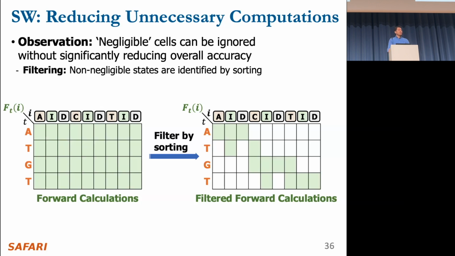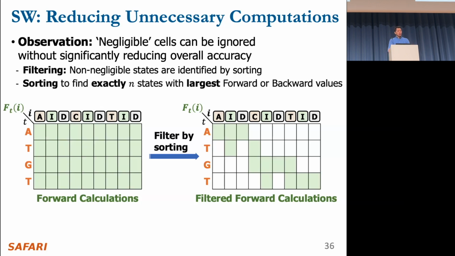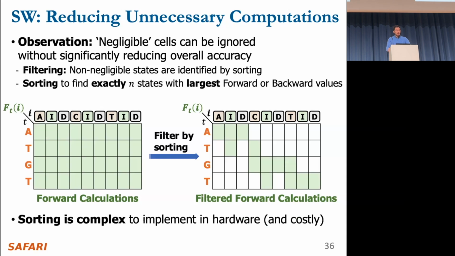And this is usually done by sorting. And the goal of sorting here is to find exactly n cells or n states with the largest values in the cell, because they seem to be the most important cells for the further calculation. However, sorting is, of course, usually very complex to implement in hardware, and it also includes some cost in it.